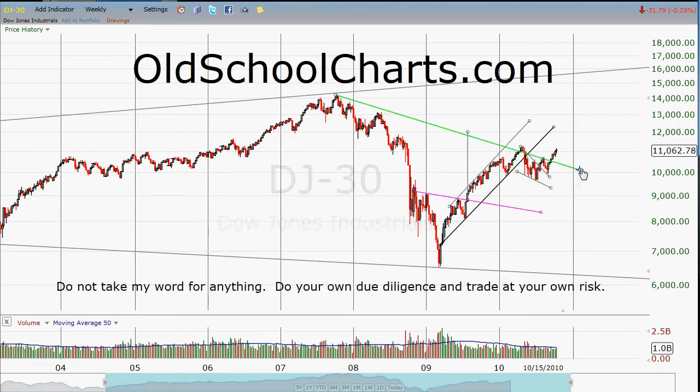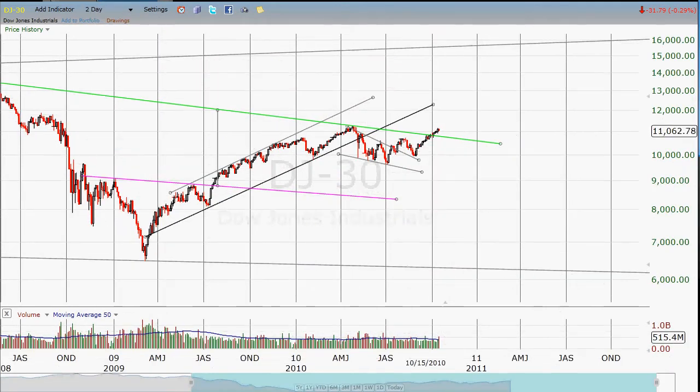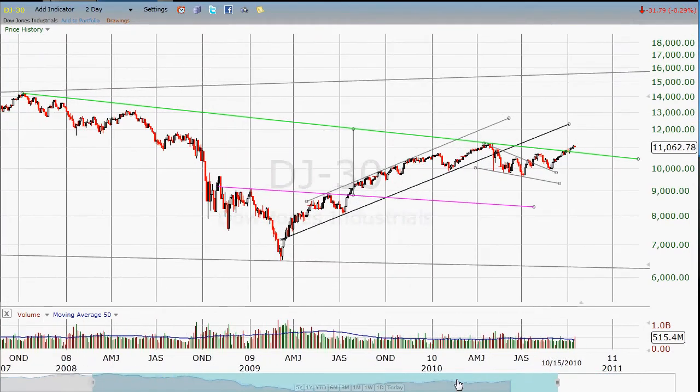Okay, we just have to look at things a little differently from time to time. If we go into a 2-day chart, we can see a little bit more detail on this inverse head and shoulders: left shoulder, head, right shoulder, and let me draw a line here.